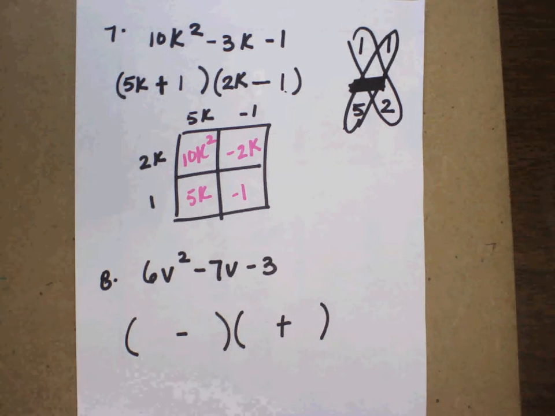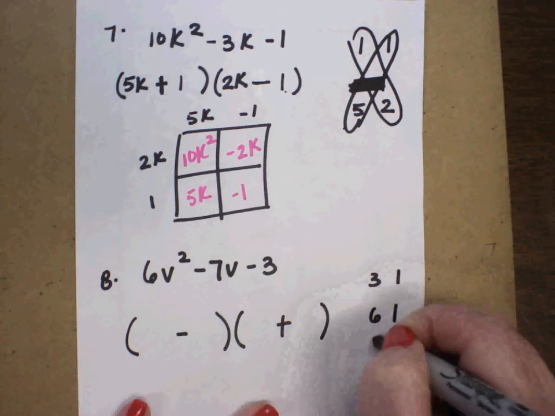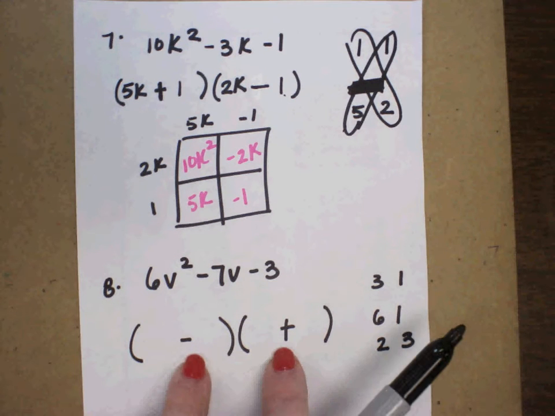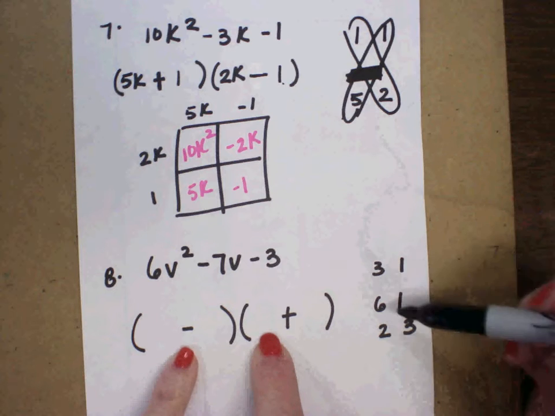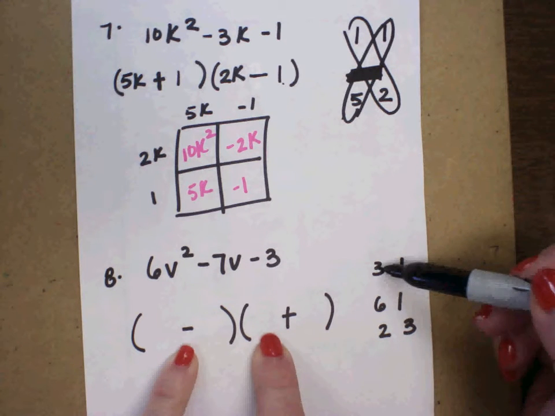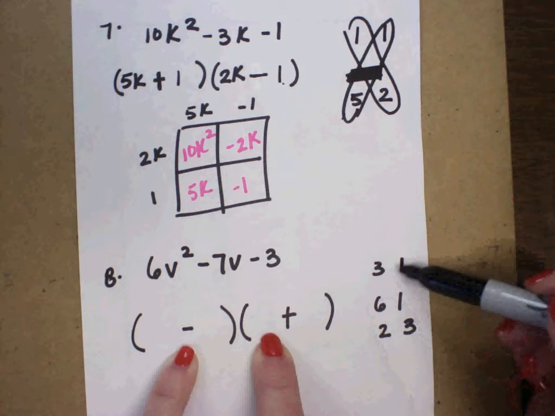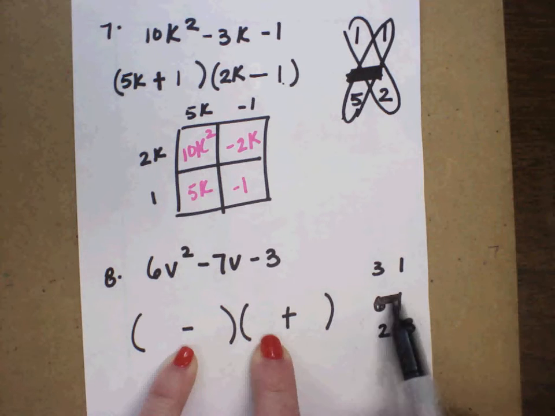If I take away a 1, too big. 6 times 1 is 6. If I take away a 3, too small. So it's got to be 2 and 3. So 2v, 3v. Yay? Let's see. 3 times 3 would be what? 9. And if I take away a 2, isn't that 7? Yes.